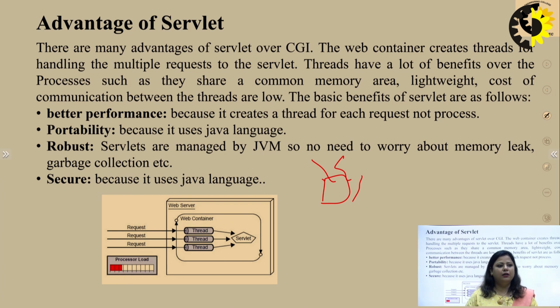So in the case of a servlet, it uses a single instance with multiple threads instead of creating a new process for each request again and again, as we know that in CGI, Common Gateway Interface, there is no single instance. We need to create a new process for each request or response.